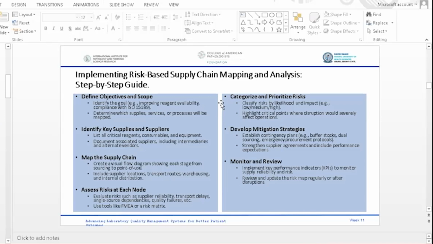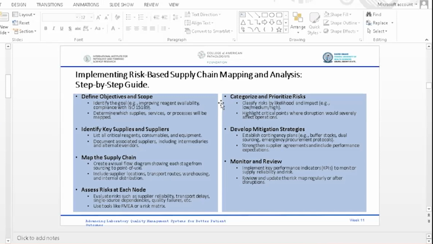The next is to assess risk at each node. Having succeeded in mapping the supply chain, the next thing is now to assess the possible risk. Remember that risk-based supply chain is all about being proactive, even before the risk happens. So you evaluate the risks such as supplier reliability, transport delays, single source dependencies.